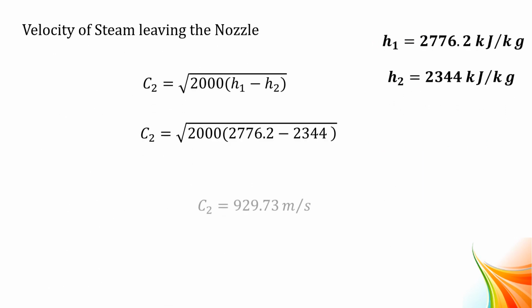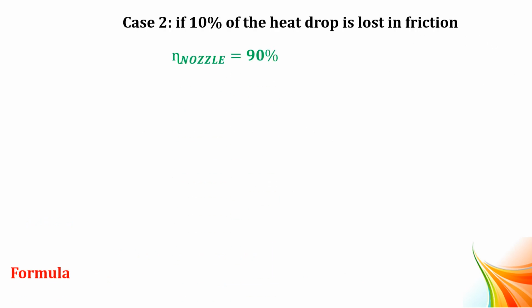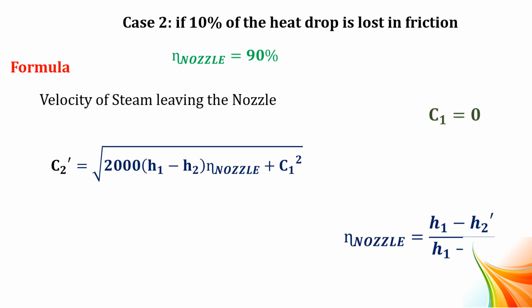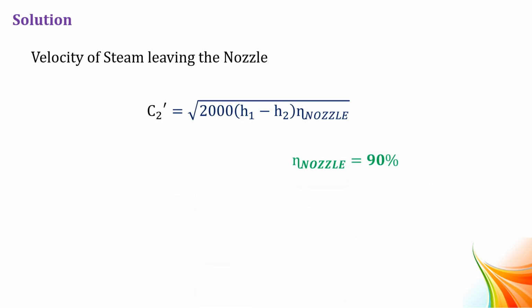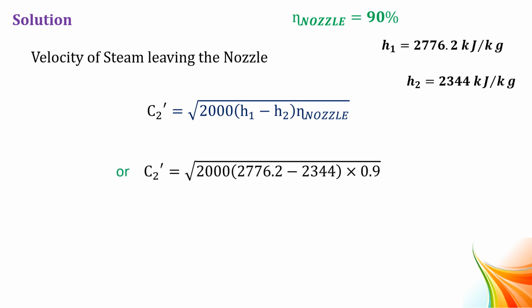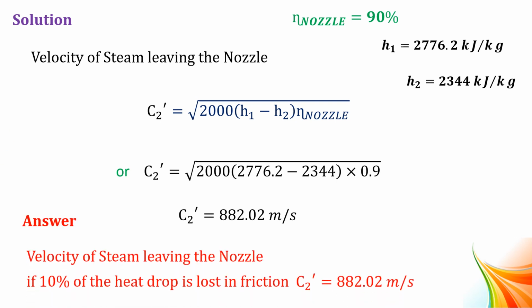Now we go for with friction. Velocity of steam leaving the nozzle, by applying the values in the formula, we get an exit velocity of 929.73 meters per second. Case 2: if the heat drop is 90%, in the formula we have H1 minus H2 dash, and C2 dash equals 808.02.